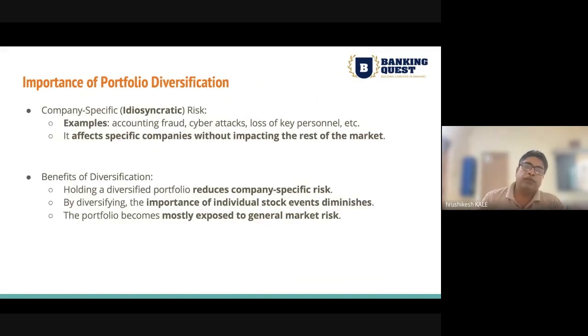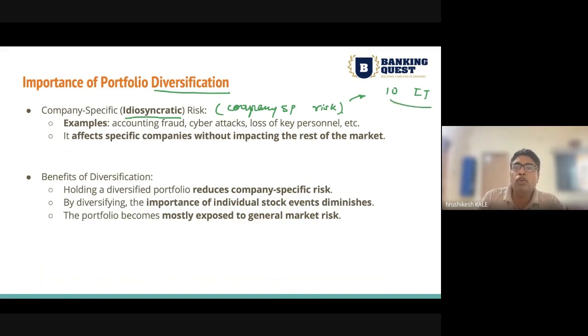Okay. Now, let us speak more about diversification. Diversification reduces idiosyncratic risk. What is idiosyncratic risk? It's nothing but company specific risk. Now, when you have a lot of companies, let's say 10 companies from IT, what will happen if one company failed due to fraud?